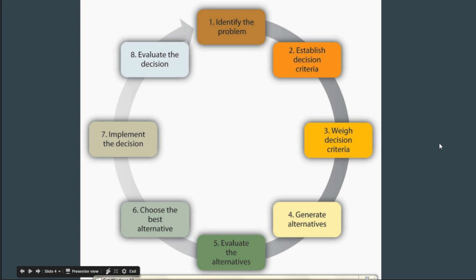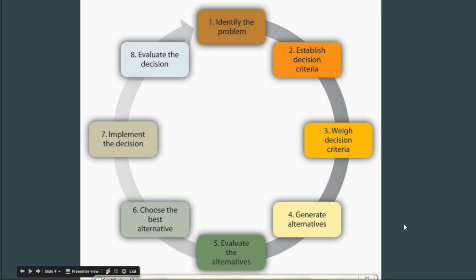So this is a little cycle. First we're obviously going to identify the problem. Then we're going to establish the decision criteria. Then we're going to weigh the decision that was made. And if we need alternatives, we'll develop them then.